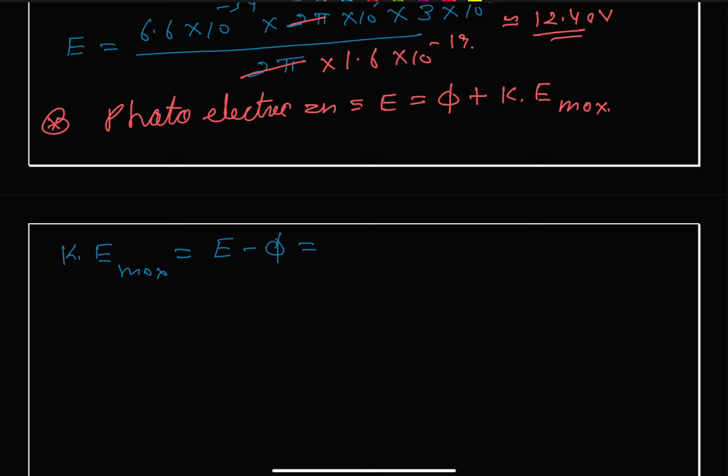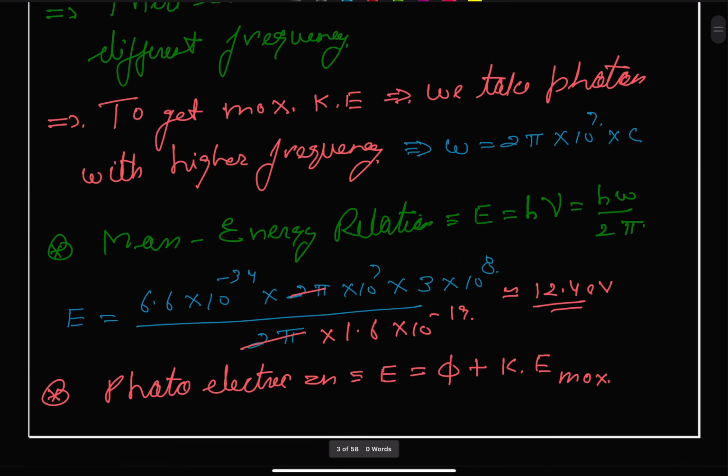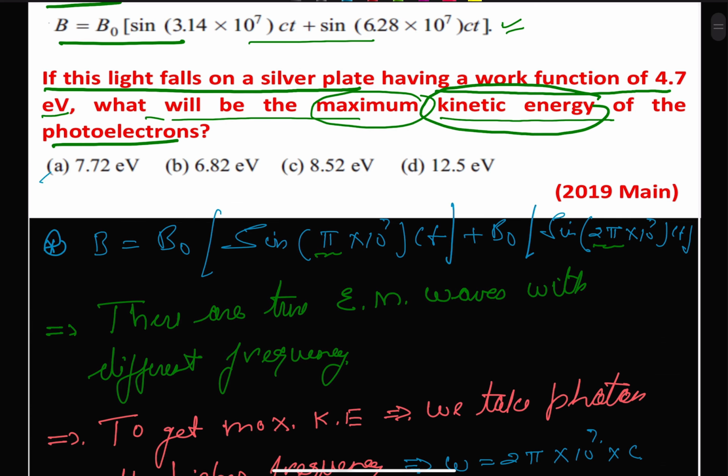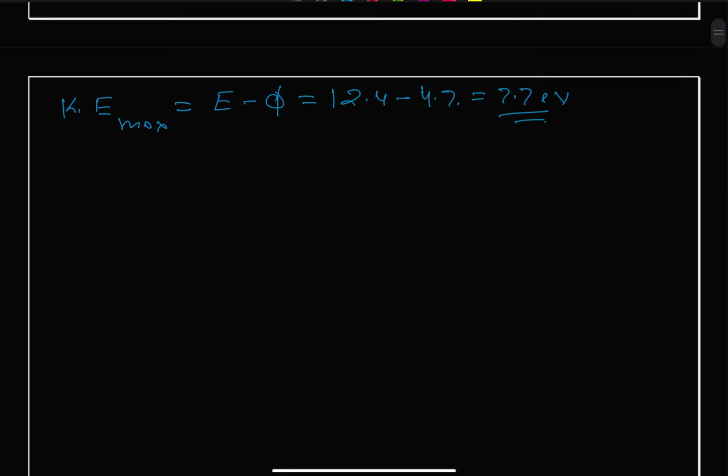Energy is our 12.4 minus work function, which is 4.7. This gives us 7.7 electron volt. So option number A is correct. Next question.